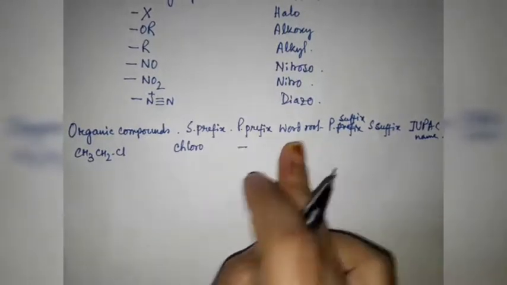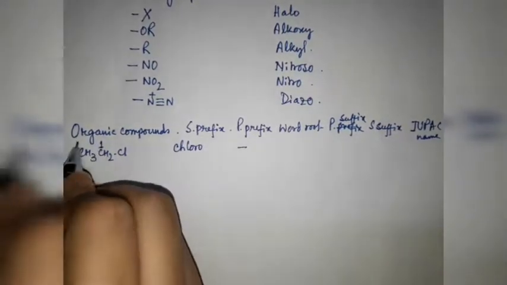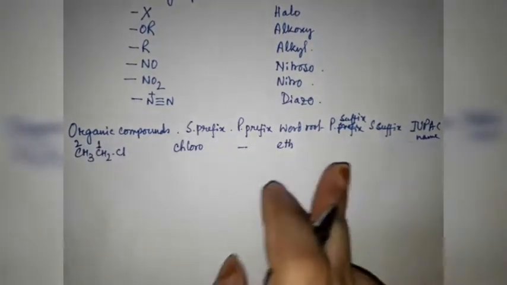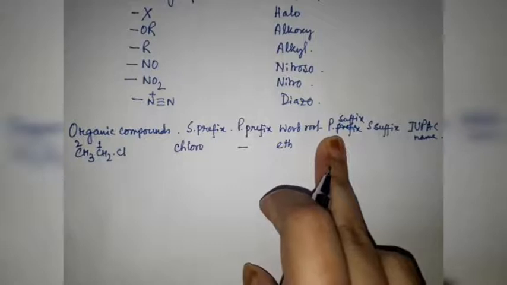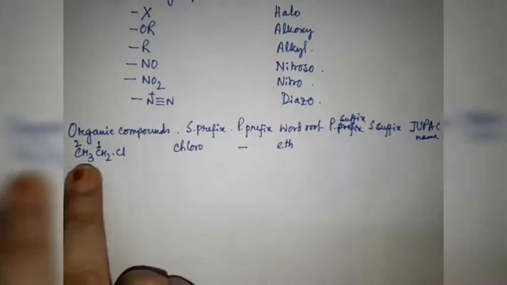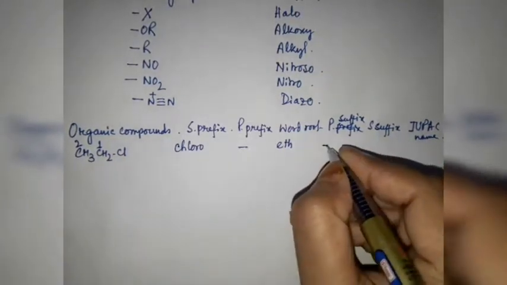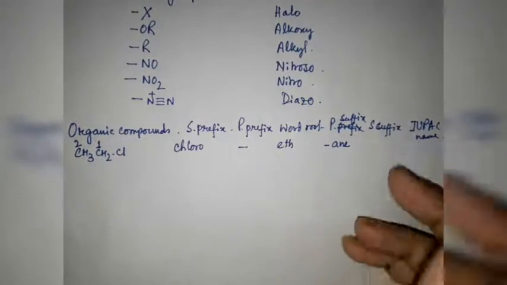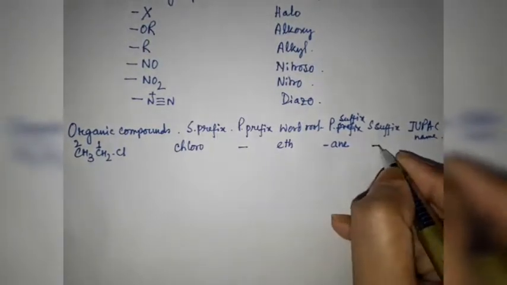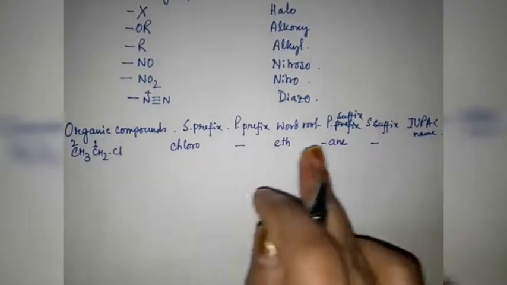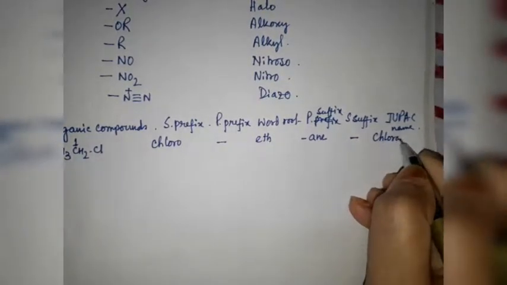So this is nil. Next is word root. How many carbon atoms are there? 2 carbon atoms. So this is eth, right? Then comes primary suffix. Primary suffix means this is saturated hydrocarbon or not. This is saturated, so it will be ane. Okay, and secondary suffix, any functional group is not here. So the total name we can get from this, chloroethane.